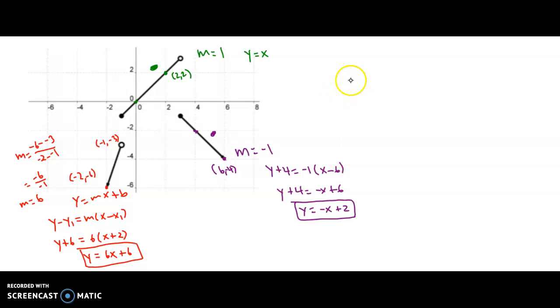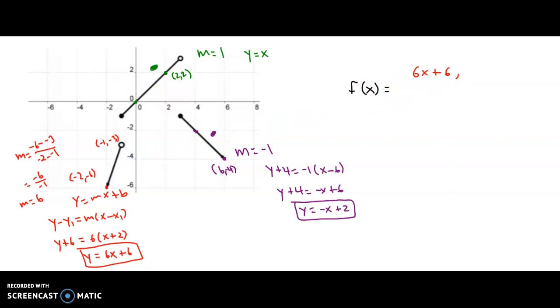So now we've got to put it all in order. f of x is equal to, now since there are 3 lines, 3 linear equations or 3 pieces, there's going to be 3 lines here. I'm going to start with my leftmost one, so it's 6x plus 6, if from where to where?